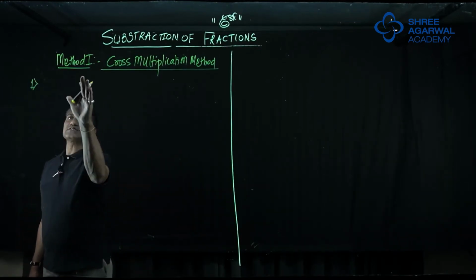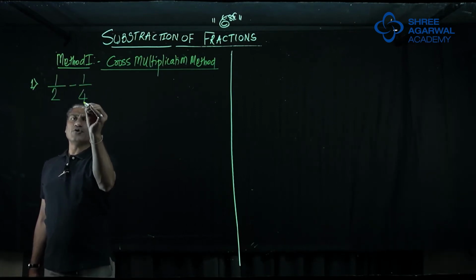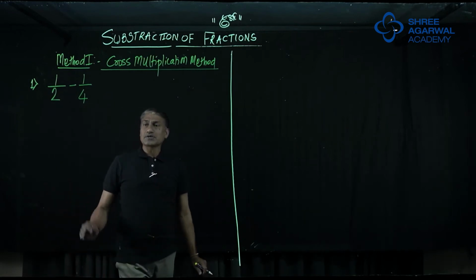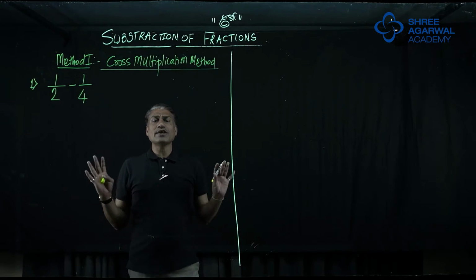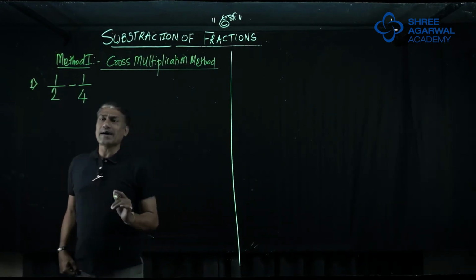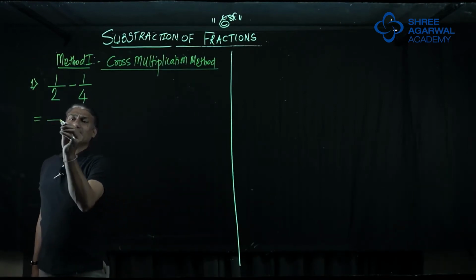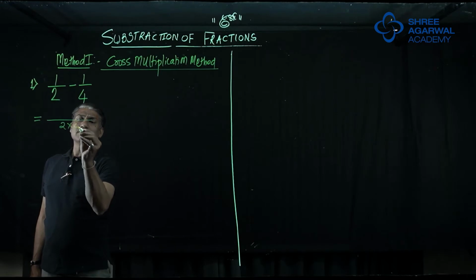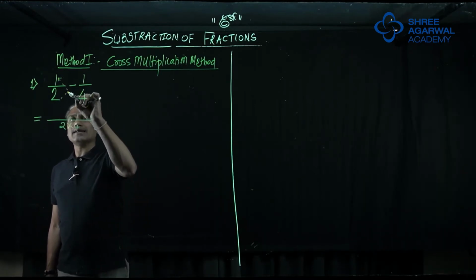Suppose they give us 1 upon 2 minus 1 upon 4. Now see here, the denominators are different, so you don't have to worry about anything. What you should do is simply cross multiply the numerators and the denominators. So in the next step I would say equal to 2 fours are, and now you will multiply like this and like this.